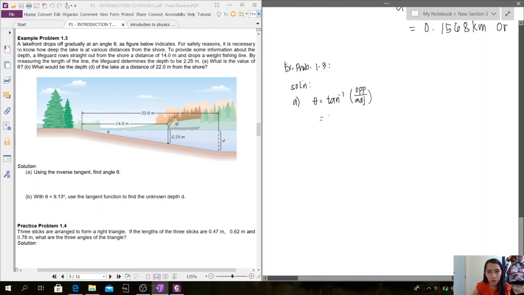So, arctangent of 2.25 meters over 14 meters. So, the meters cancel, and we have theta equal to 9.13 degrees.